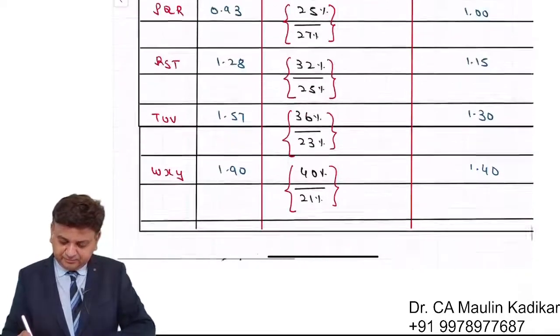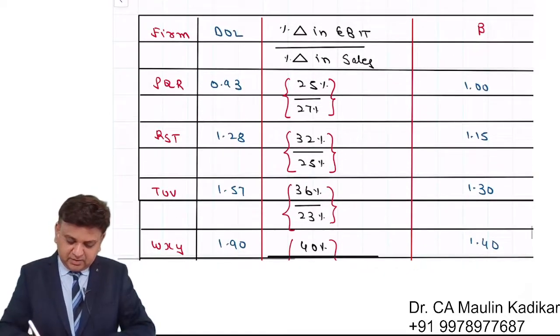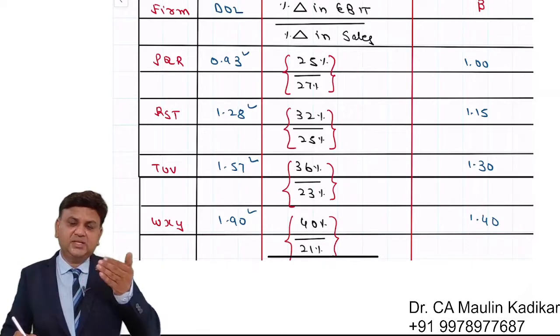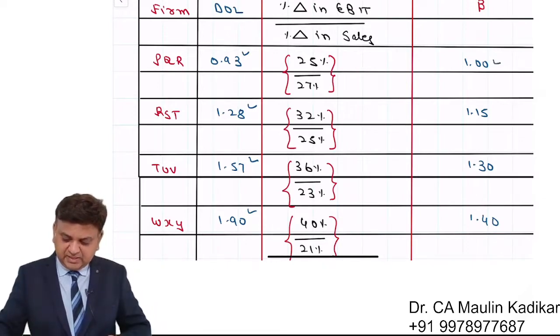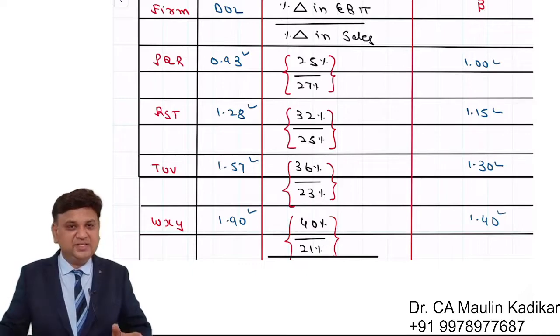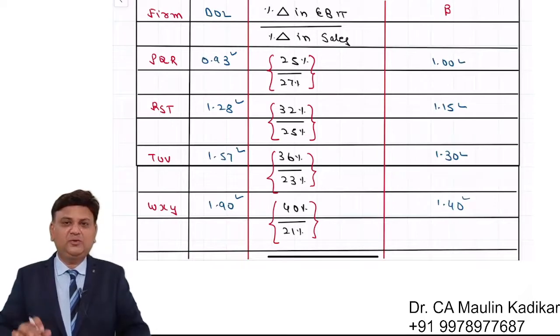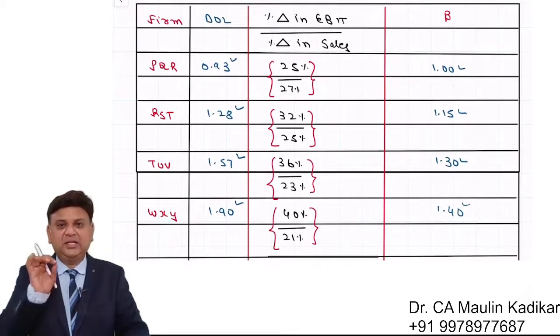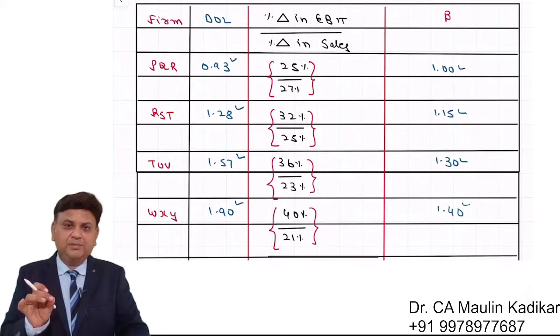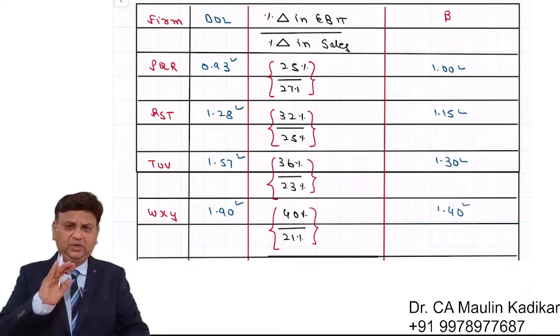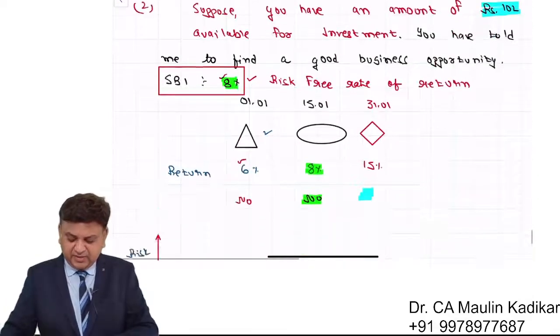I repeat that: leverage increases means risk increases. Beta increases means risk increases. So what comment are we required to pass? A very simple comment: leverage is a measurement of risk, and beta is also a measurement of risk. That is the reason that with the increase in leverage, beta increases.